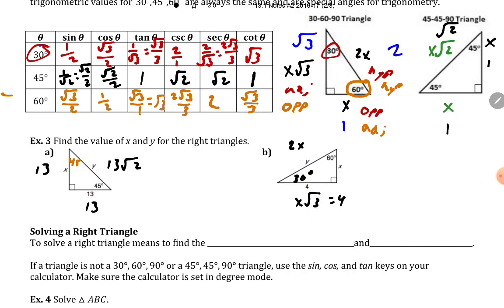So 4 is equal to that. So x is equal to 4 divided by the square root of 3, which is 4 root 3 over 3. So if x is 4 root 3 over 3, then double that. Y is 8 root 3 over 3.